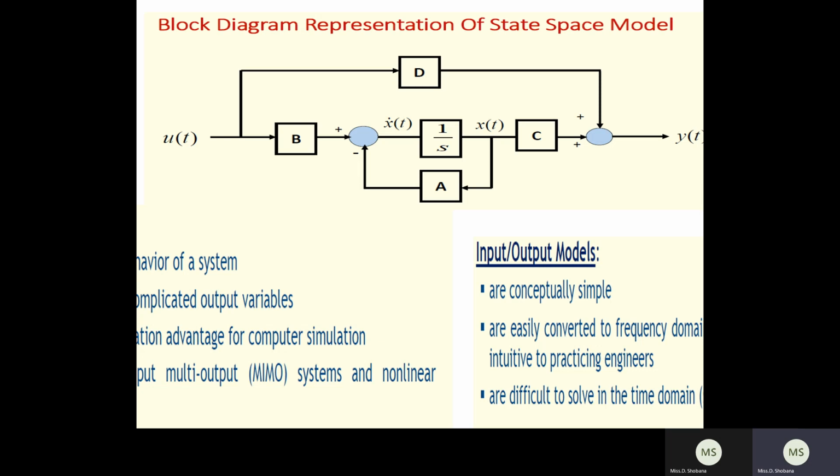It is also good practice for engineers. However, these input output models are difficult for solving time domain and Laplace transform domain specifications. So this is the small but important differentiation between the transfer function model and the state model.